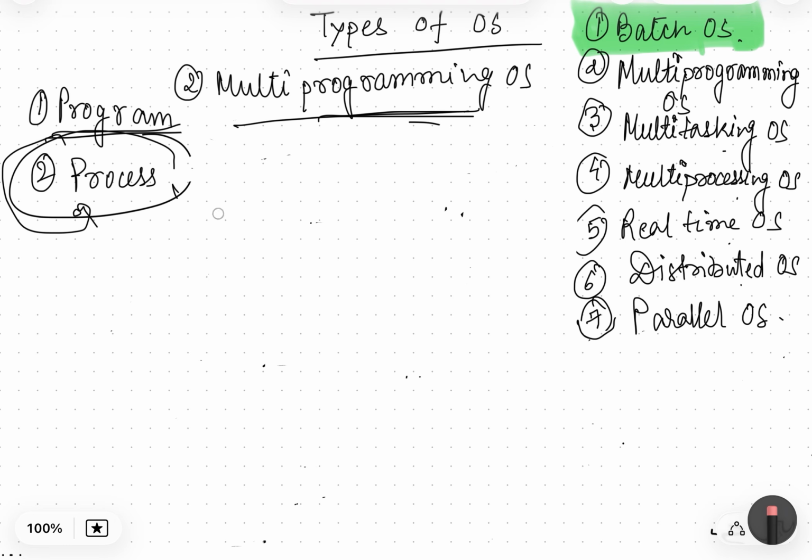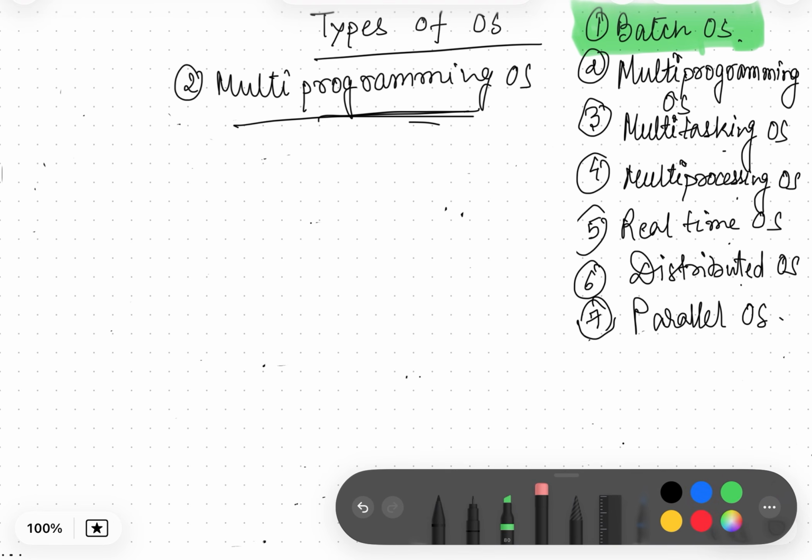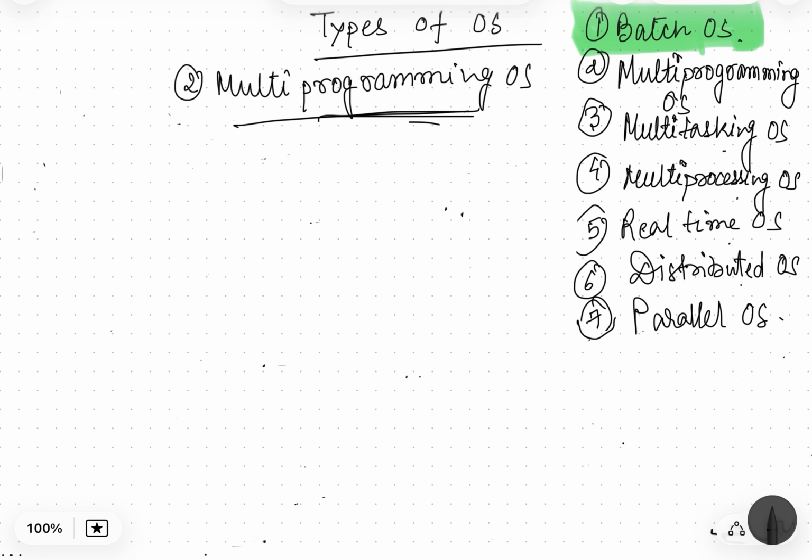The next two terms that you are going to learn throughout this OS are preemptive and non-preemptive. Let me tell you that multiprogramming OS is non-preemptive. Remember, multiprogramming OS is non-preemptive.